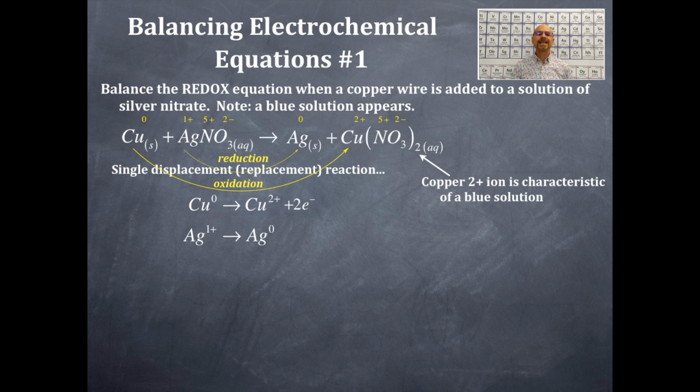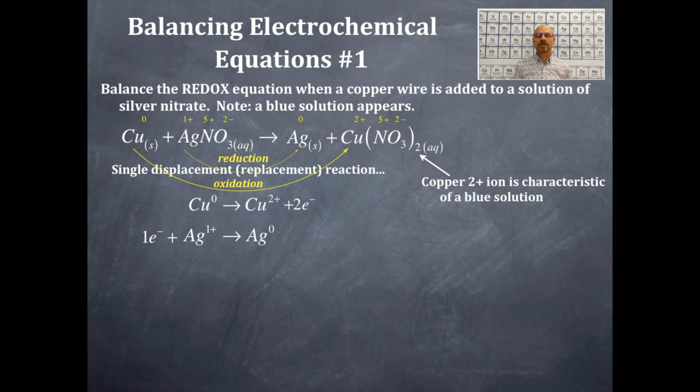So how do I do that? Adding electrons, never subtracting, but adding electrons. So how many electrons do I need to add to the reactant side of the reduction half reaction with the silver in it? I'm going to add 1 electron, because 1 electron plus the 1+ charge equals a charge of 0. That's the lower of the 2 charges on both the reactant and product side.